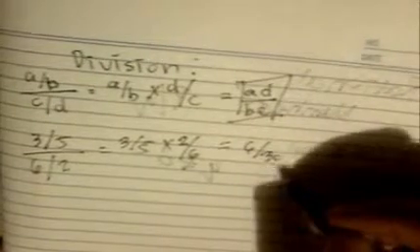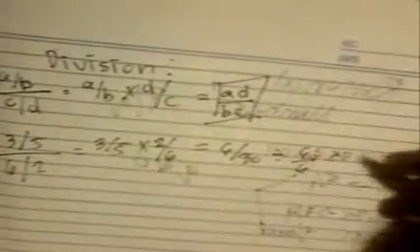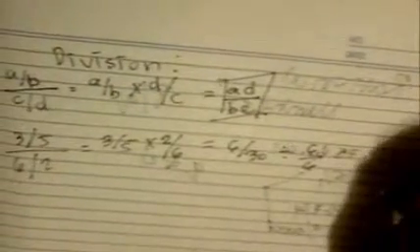We can simplify this answer. So we will be dividing it by 6. 6 divided by 6 is 1. 30 divided by 6, the answer would be 5. So the answer would be 1 over 5.